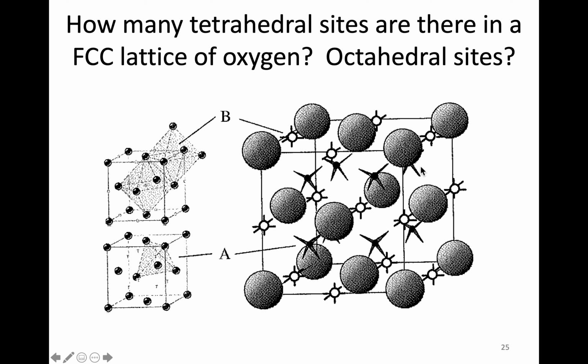If we look at the cubic, which is FCC, these ions are the anions in the close packed arrangement, and then we fill either the tetrahedral, which is shown by this 4-pronged thing, or the octahedral, which is shown by the 6-pronged thing. Some combination of those have cations in them.